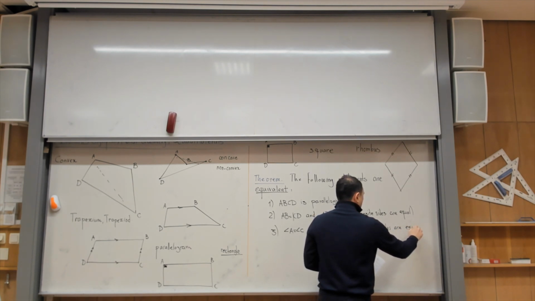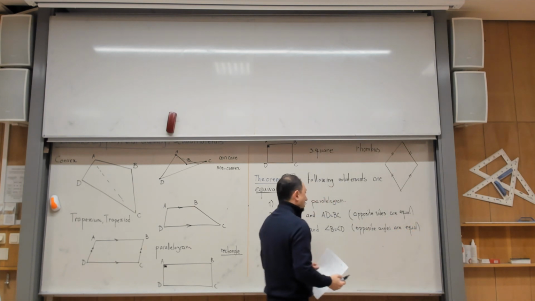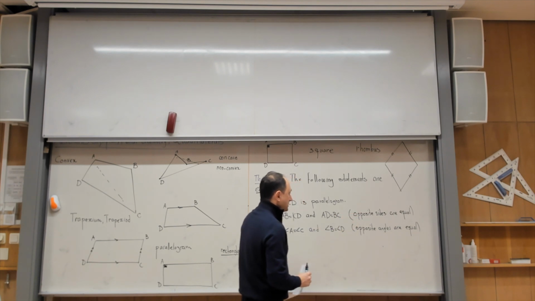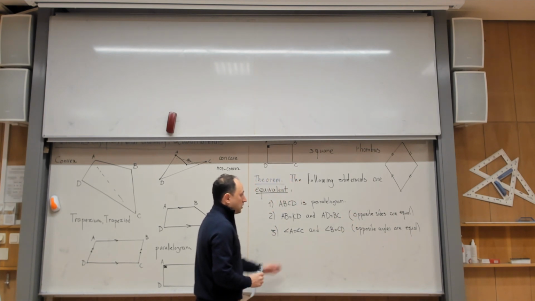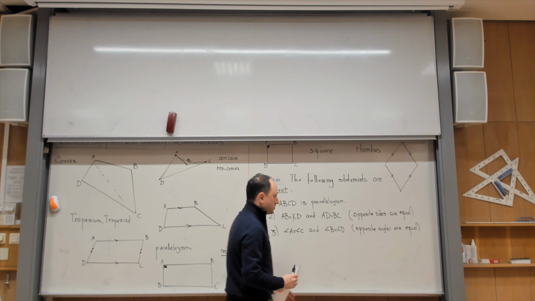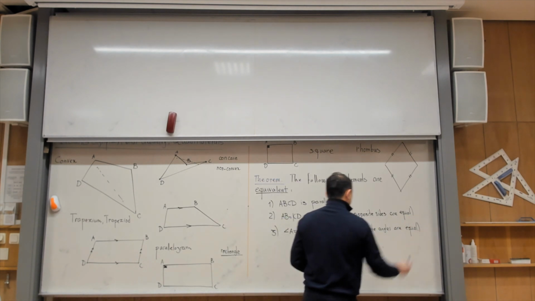I'm a little bit sloppy. I should say that opposite sides have the same length, and then opposite angles have the same measures. But that's what I mean.